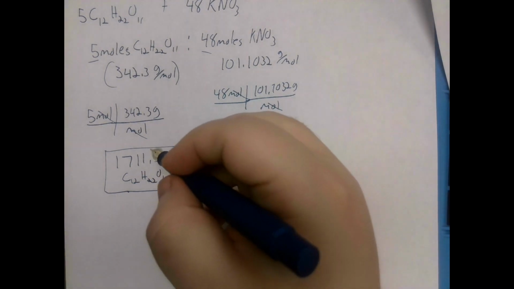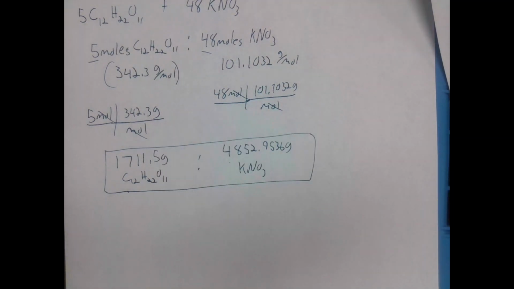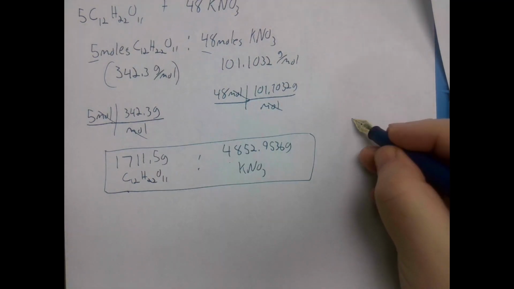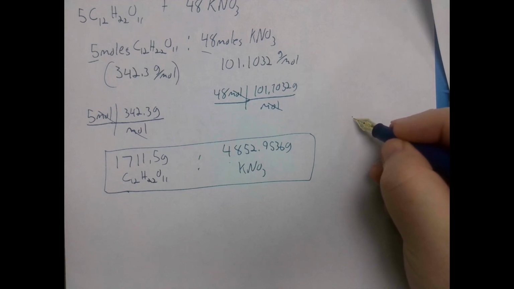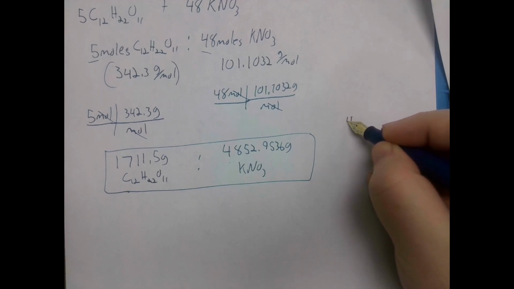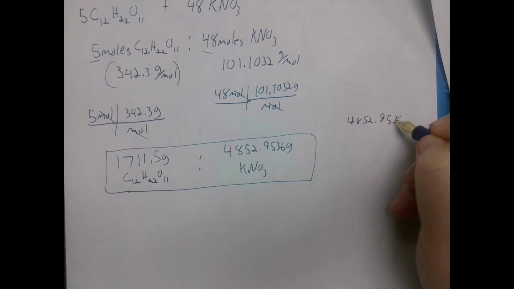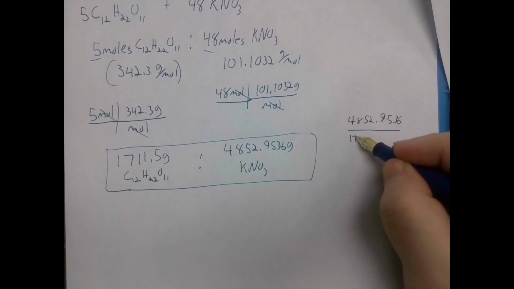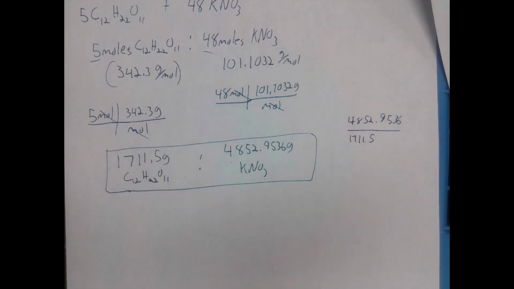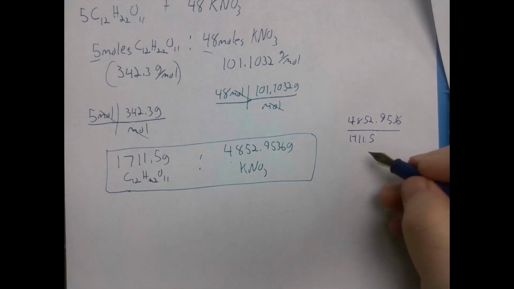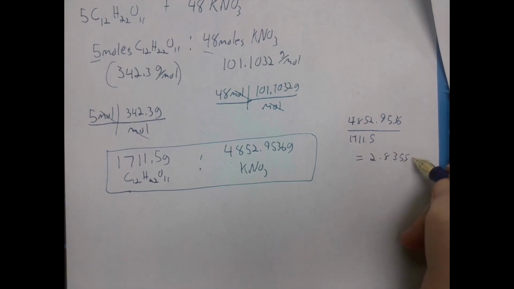What you do to get a better one is divide. So 4852.9536 divided by this number gives us a ratio of 2.8355.